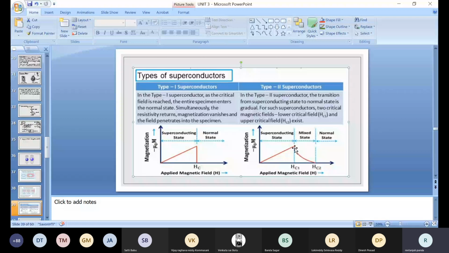Before the lower critical magnetic field, the material is in the superconducting state. After the upper critical magnetic field, the material is in the normal state. But in between, the material will be in the mixed state. There it will possess both the properties of a superconductor as well as a normal material. These are the two types of superconductors we are observing.